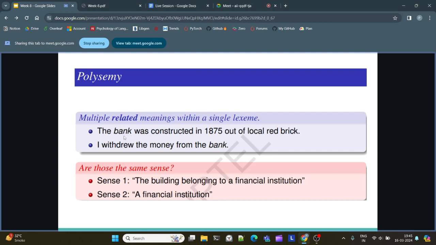Whereas if I say I withdraw the money from the bank, here bank itself refers to the financial institution. So there's a very subtle change in the meaning. If we can discriminate the sense of two different lexemes at this very subtle granularity, then those constitute polysemy. So these are the different lexical relations that we can come across.